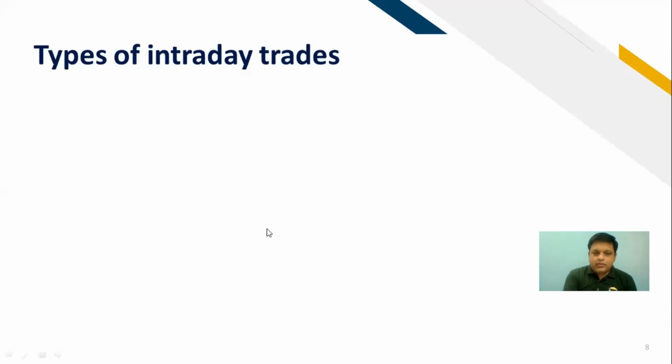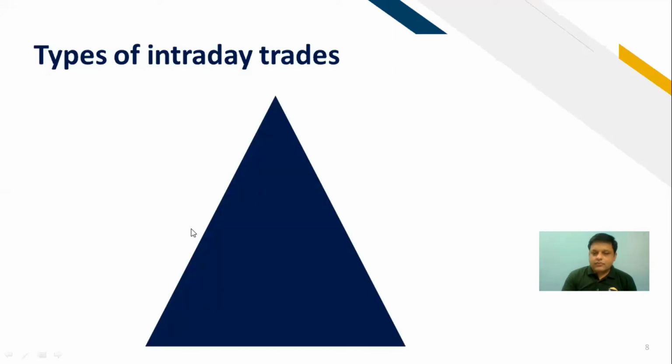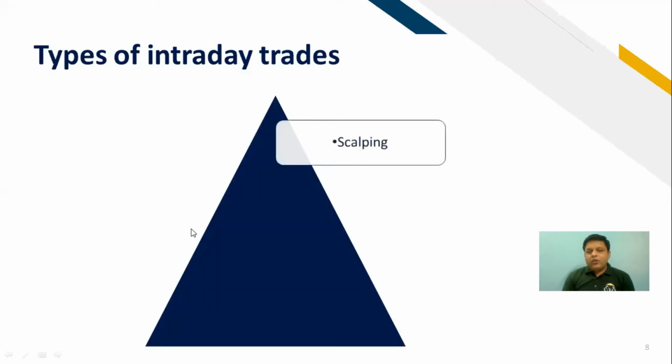So now see here. Almost everybody told scalping, right? So what do we mean by scalping? Scalping is extremely short-term trading. Here, the trader is going to frequently enter a trade and exit a trade.